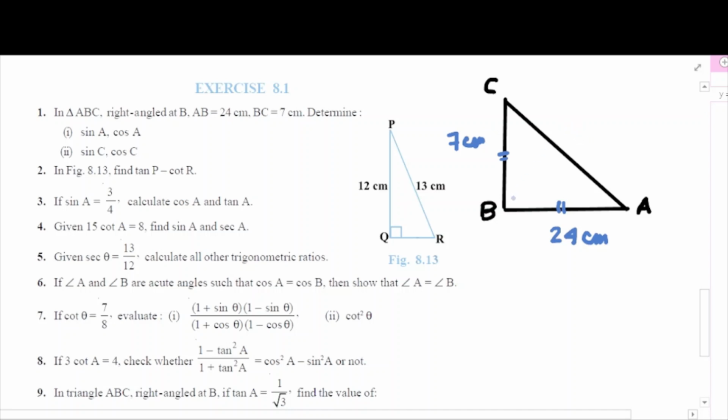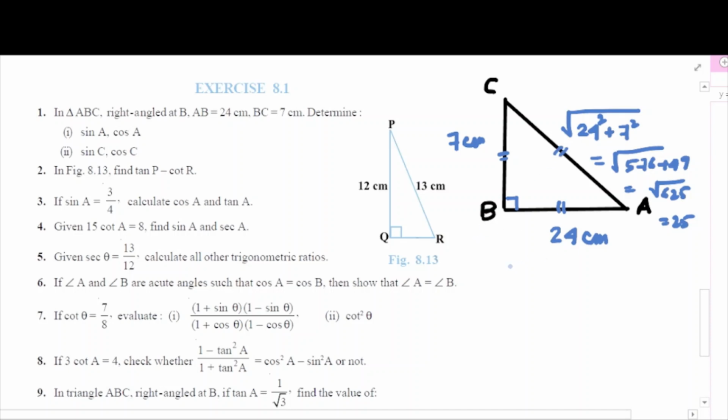Because this is 90 degree, by applying Pythagoras theorem, we get the value of AC. That is equals to root over of 24 square plus 7 square. That means 576 plus 49. So it is root over 625, 25. So the value of AC is 25 centimeter.